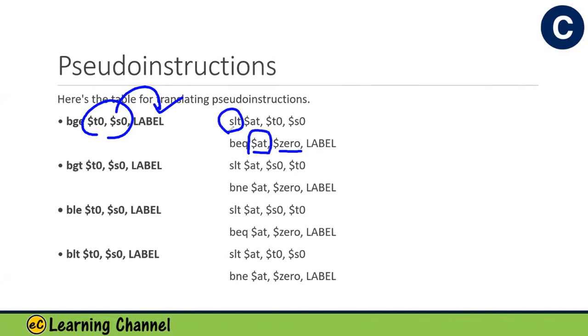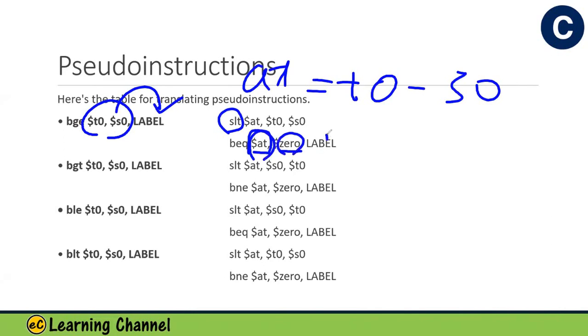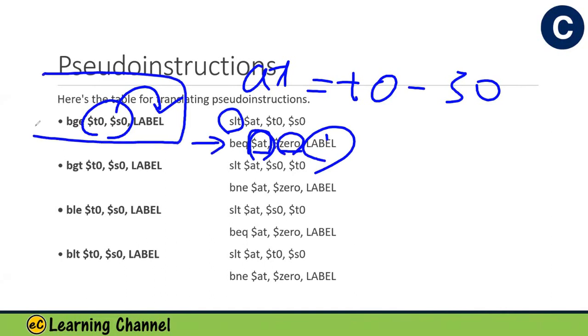So we have the T0 minus S0 result stored at AT, and then we compare if AT equals 0, then we go to the label. This is the real instruction we will use, but the pseudo instruction is on the left-hand side. We try to compare the two register values, and if the two are equal, we will jump to the label.